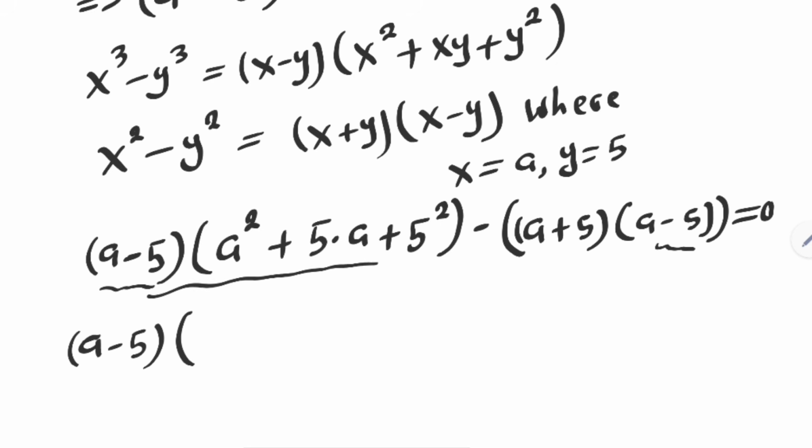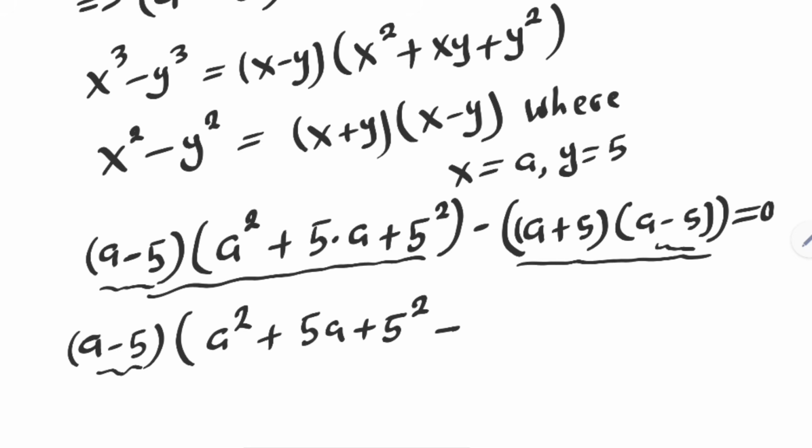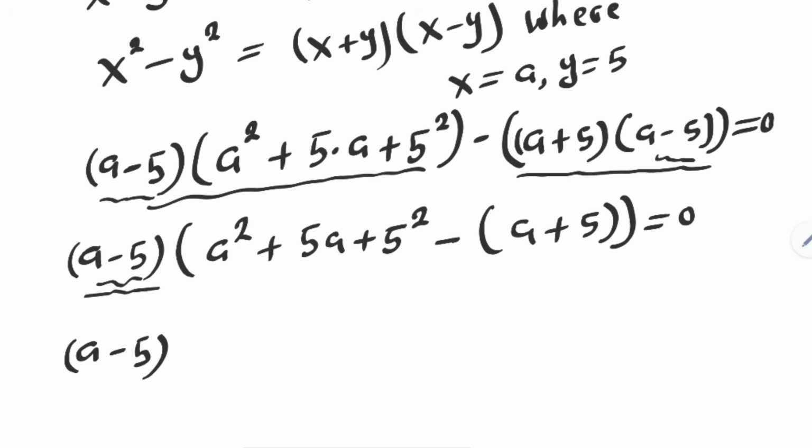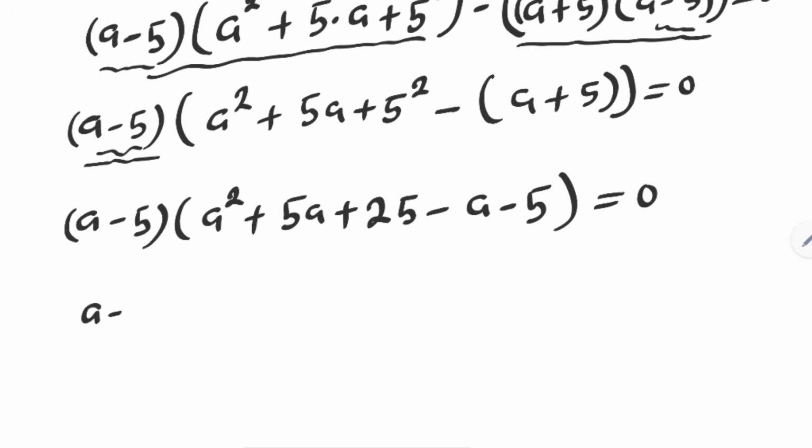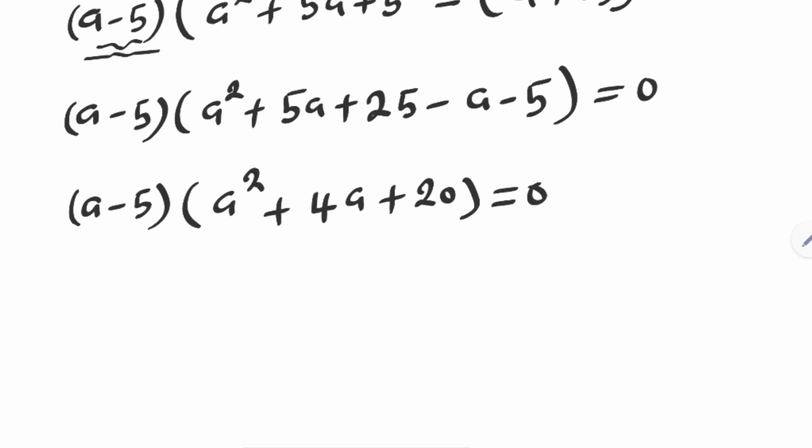If you divide the whole of this by this, we have a squared plus 5a plus 5 squared, then minus, if you divide the whole of this by this, we have a plus 5 is equal to 0. a minus 5, bracket, a squared plus 5a plus 25 minus a minus 5 is equal to 0. a minus 5, bracket, a squared plus 5a minus a, that is 4a, plus 25 minus 5, that is 20, is equal to 0.